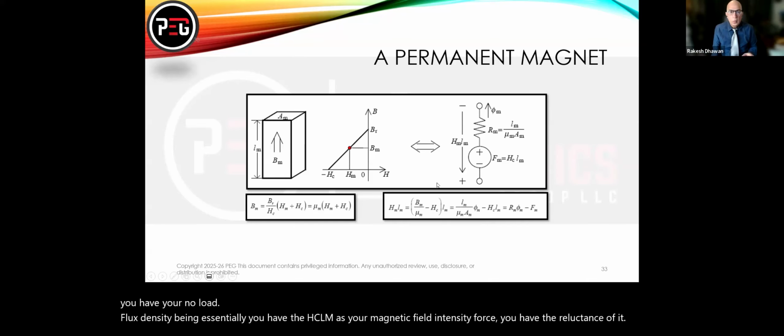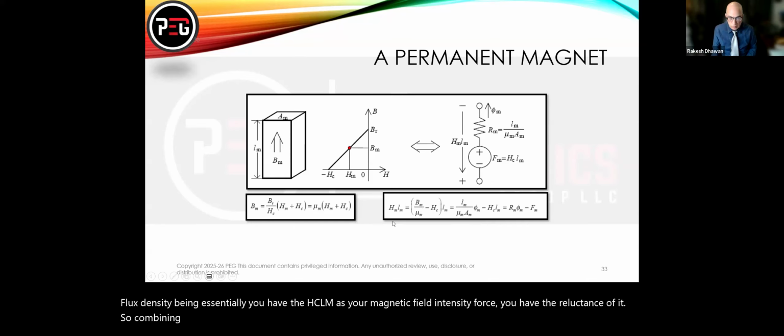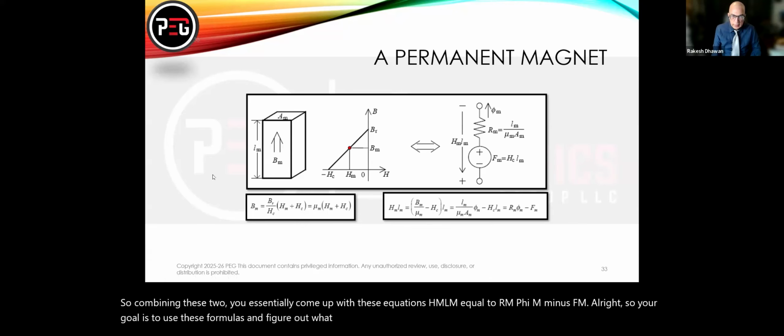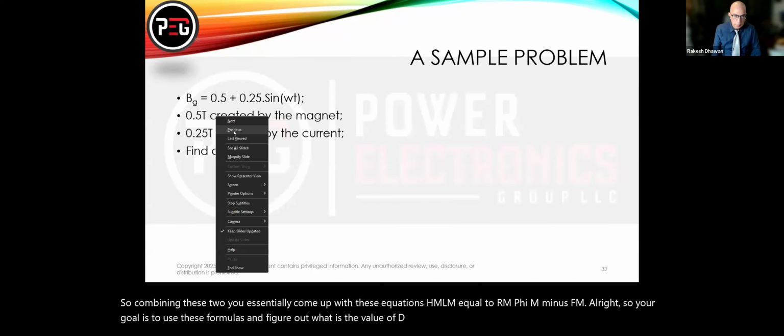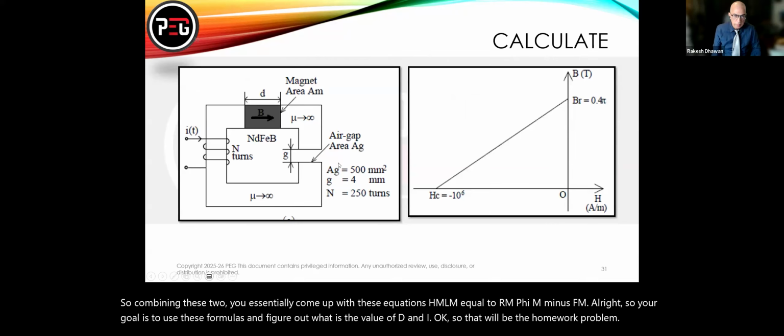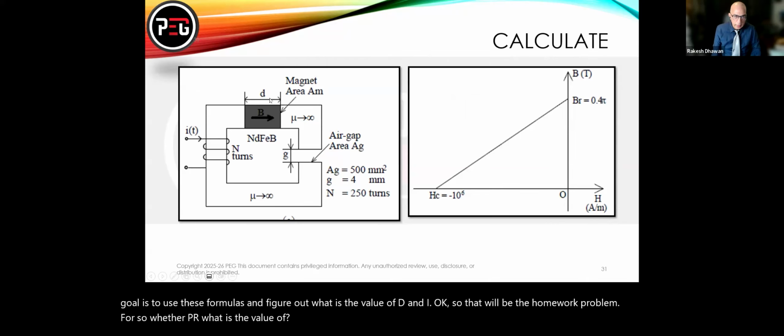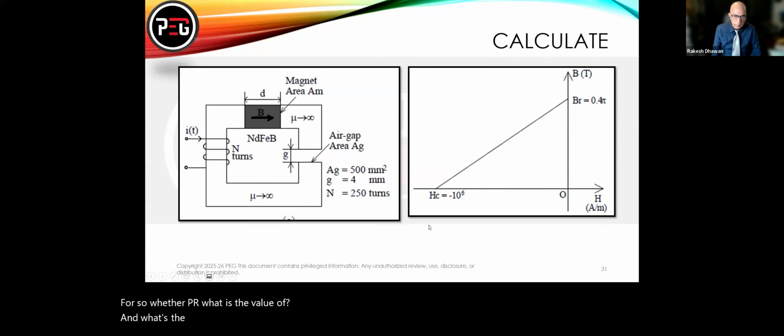Combining these two, you come up with these equations, HmLm equal to RmPm minus Fm. Your goal is to use these formulas and figure out the value of D and the value of I. That'll be the homework problem. Any questions so far?